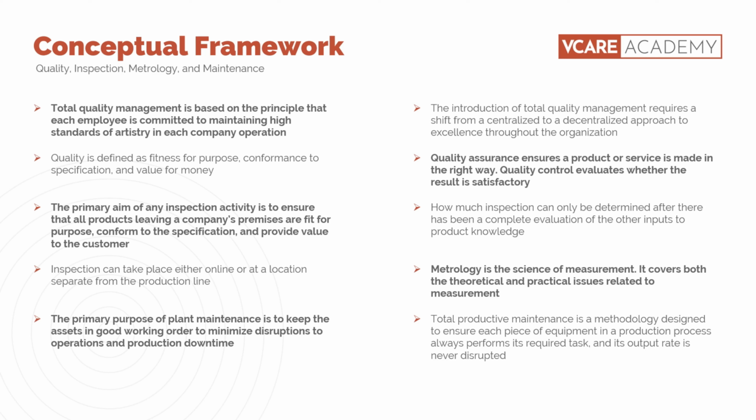Quality is defined as fitness for purpose, conformance to specifications, and value for money. Quality assurance ensures a product or service is made in the right way. Quality control evaluates whether the result is satisfactory. And the primary aim of any inspection activity is to ensure that all products leaving the company's premises are fit for purpose, conform to the specification, and provide value to the customer.